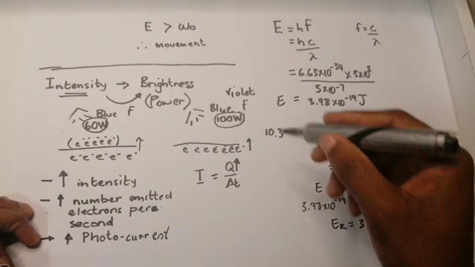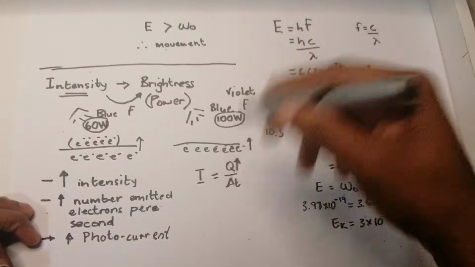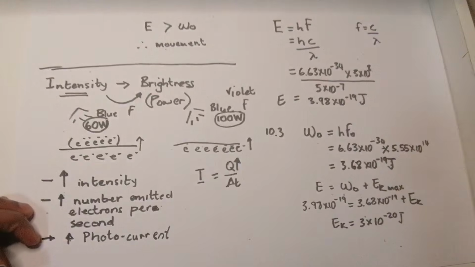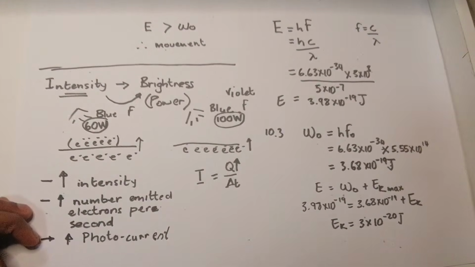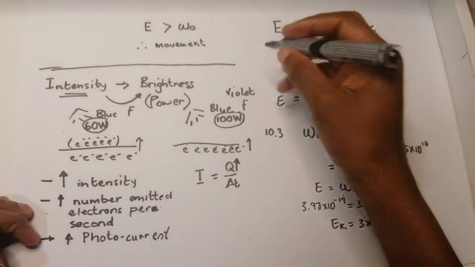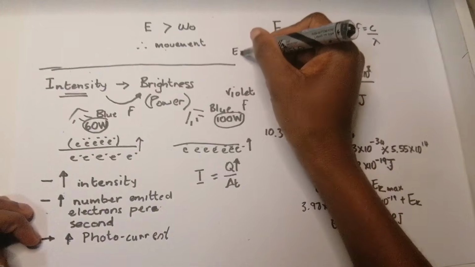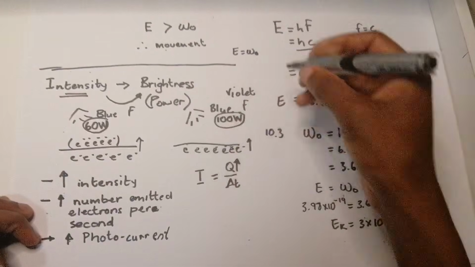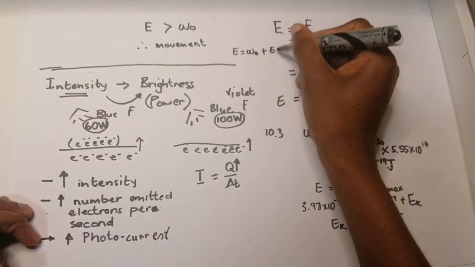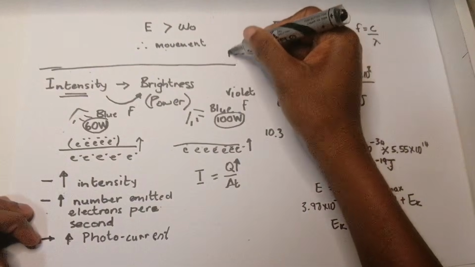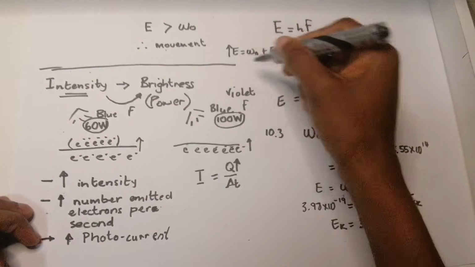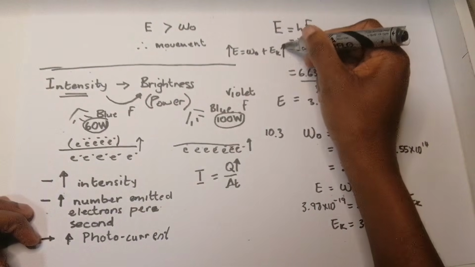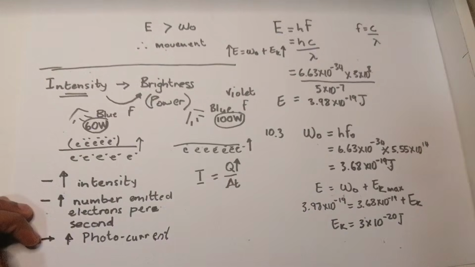What it will do is cause the electrons to move with a higher kinetic energy. Why? Because you've now increased the energy of the photon. Remember, the work function would remain the same if we're using the same metal. So because you've increased the energy of the photon, it will increase the kinetic energy of those electrons.